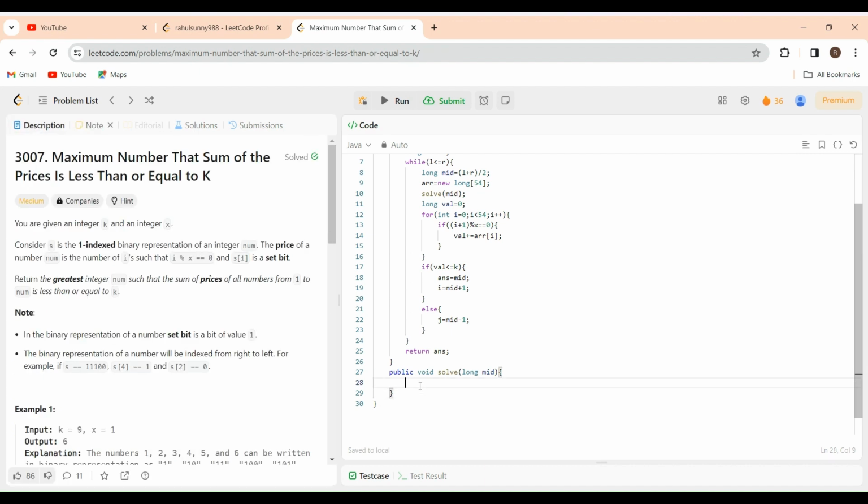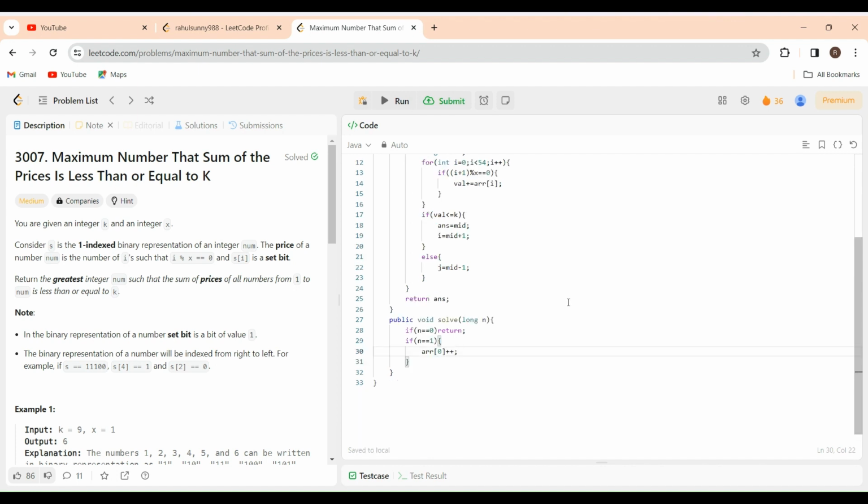If n equal to 0, then we just need to return. If n equal to 1, then we need to calculate. If we consider one as our set bit, then it is a base case, right?